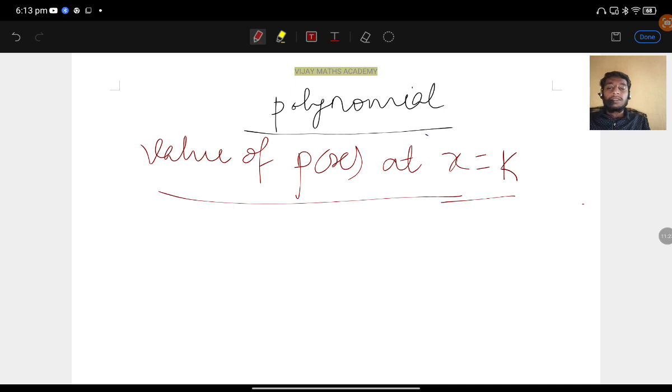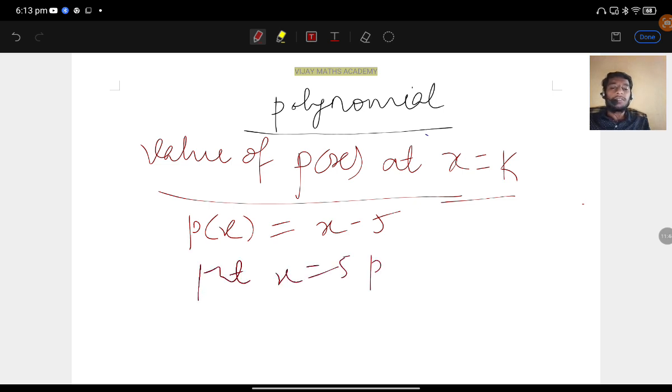Next, I will take one more example, that is p of x is equal to x minus 5. So what type of polynomial is this? This is a linear polynomial. Now I suggest to put x equals 5.